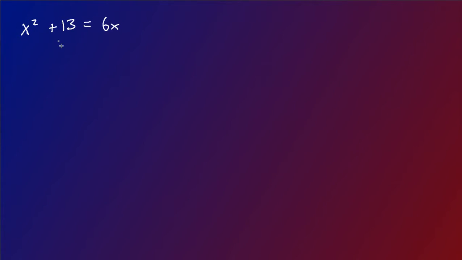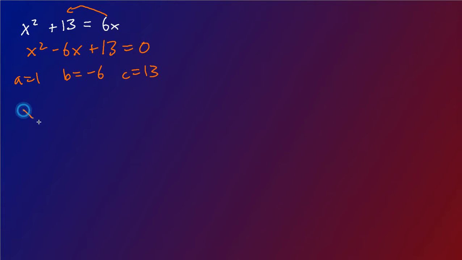Okay, only a couple more examples. So right here, I need to get this to the other side, so I will. And then a is 1, b is negative 6, and c is 13. So x equals negative b, so that's going to be positive 6 plus or minus square root b squared.